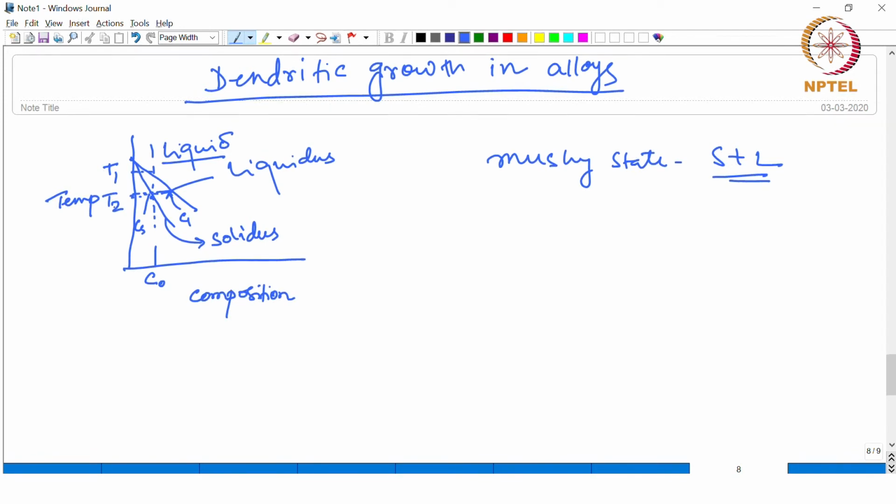Now, you can clearly see from here that Cl is greater than Cs. That means the solid which is forming from this liquid having a composition of Cl is having a lower solute content.